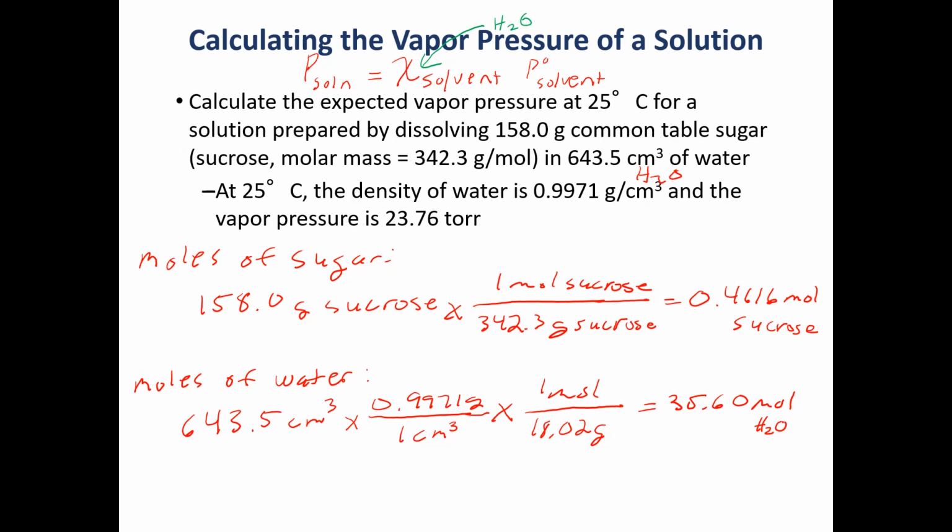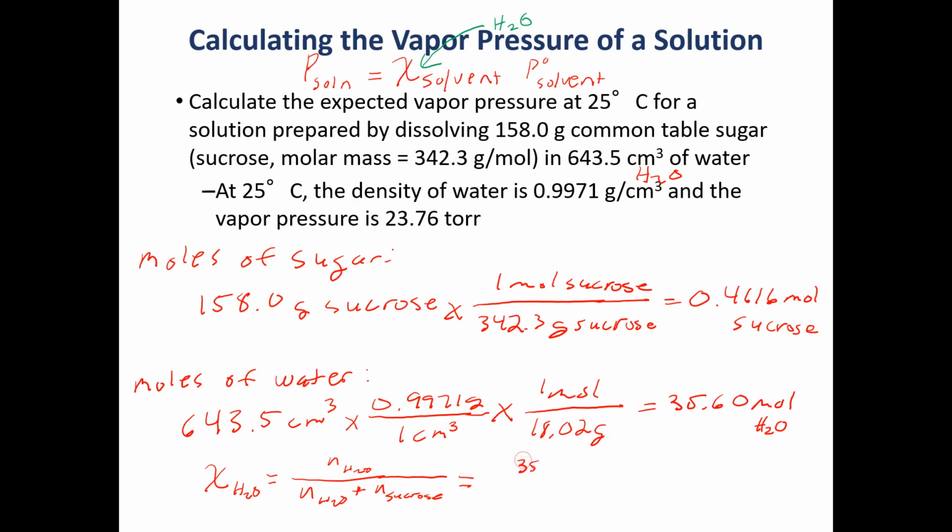So now we want to know the mole fraction of water. That means we want to take the number of moles of water and divide it by the total number of moles, so the moles of water plus the moles of sucrose.